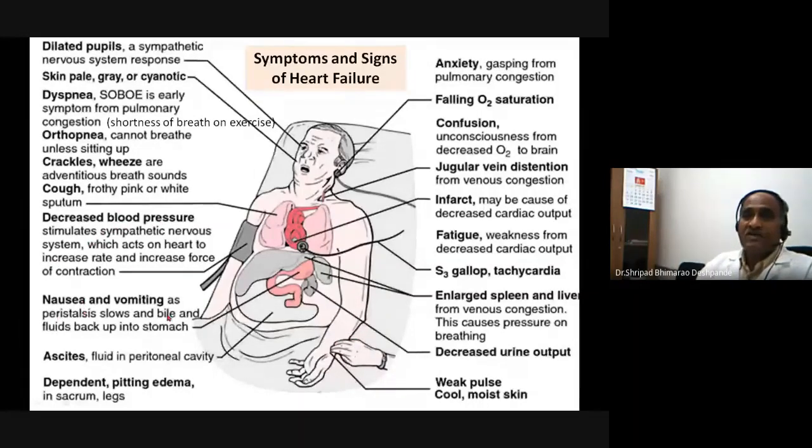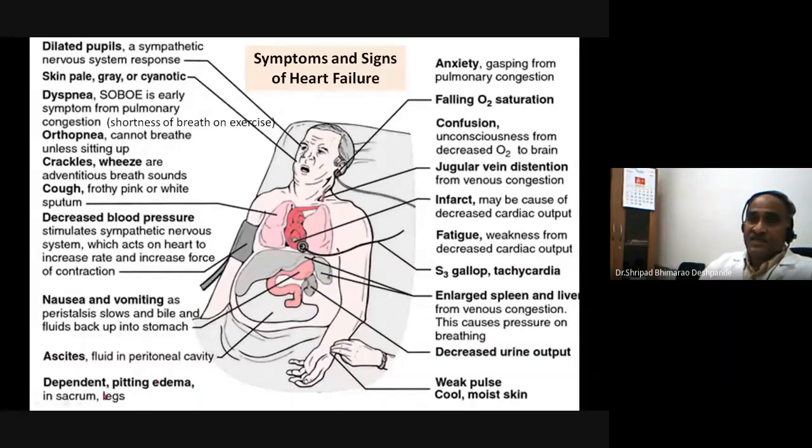Now, nausea and vomiting: because of the circulation, the peristalsis slows and the bile and fluids back up in the stomach. That produces a nauseating or vomiting sensation, so he may throw up. Then there is fluid accumulation in the peritoneal cavity, what is called ascites.